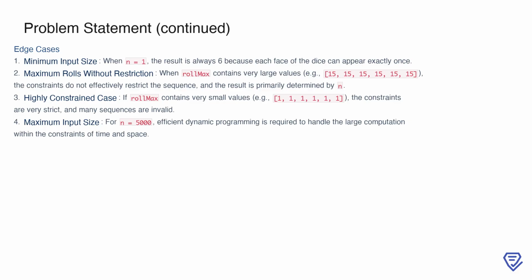In contrast, when rollmax contains very small values, such as [1, 1, 1, 1, 1, 1], the restrictions are very strict, and many sequences will be invalid. Finally, for large inputs such as n equals 5,000, the problem requires an efficient dynamic programming approach to handle the computation within reasonable time and space limits. These edge cases highlight the importance of carefully designing the algorithm to work across different scenarios.